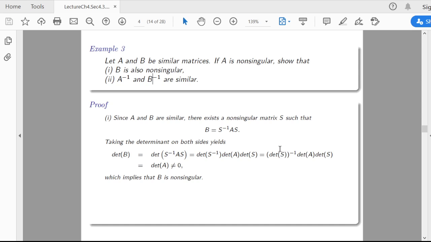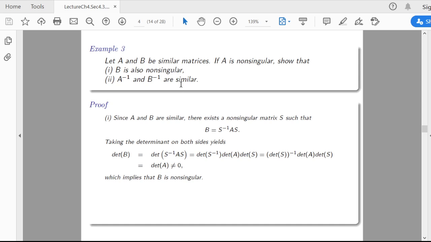Then this is a number, and the other is its reciprocal, so their product is 1. We get this equal to the determinant of A. The determinant of A is not 0.